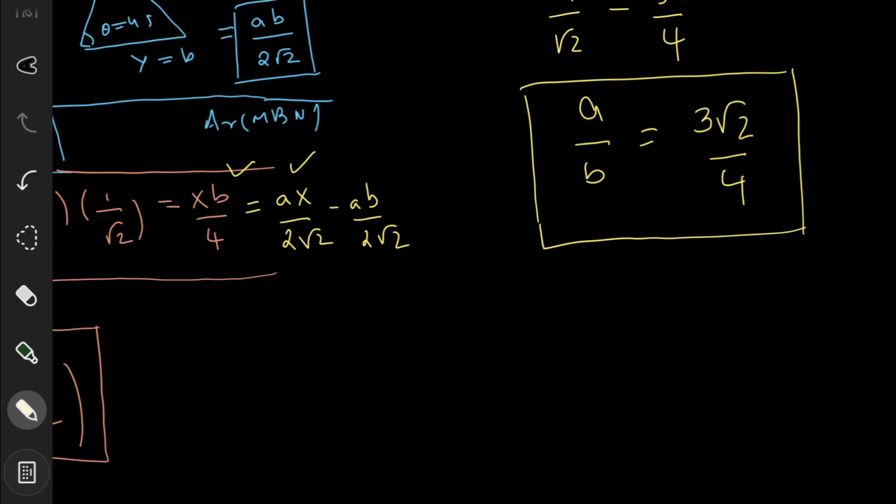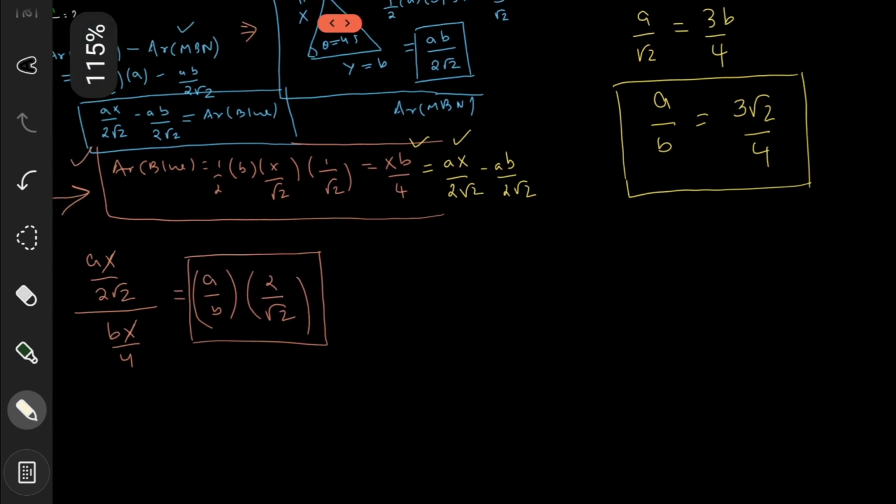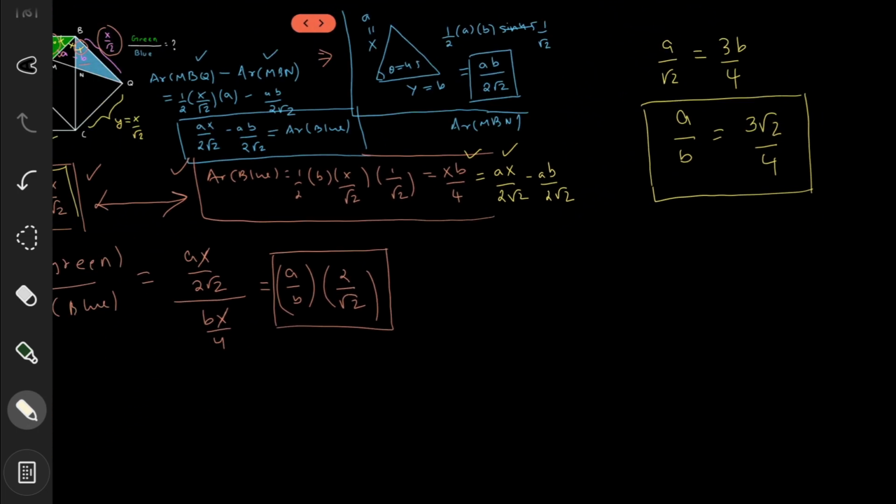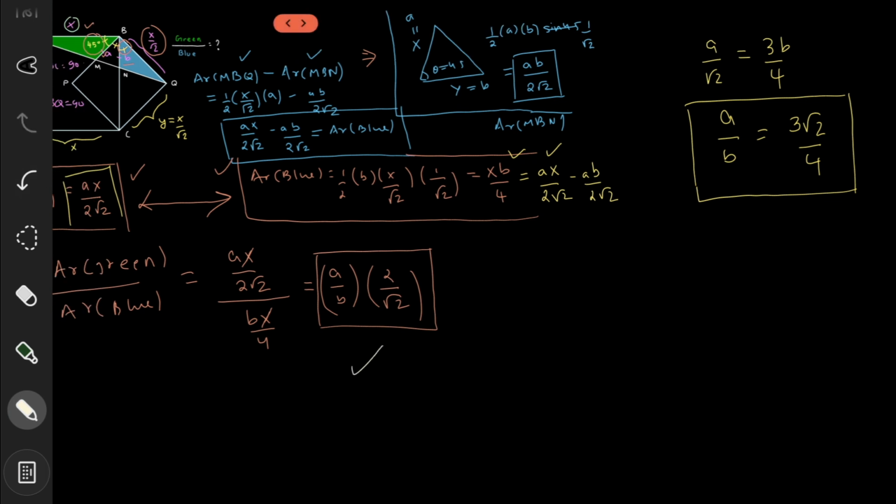Now recall that to get the value of the required fraction, we got an equation, but there was a problem. In the equation, a upon b was present. So for that reason, we were trying to find the value of a upon b as a real number, and here it is. So let us go ahead and replace a upon b with this value in that equation. So the equation is over here. a upon b has now turned out to be 3 square root of 2 divided by 4, multiplied with 2 upon square root of 2.